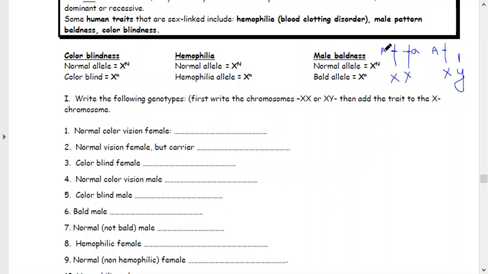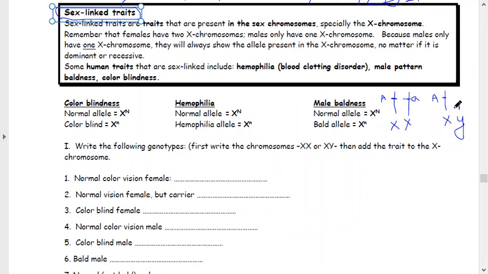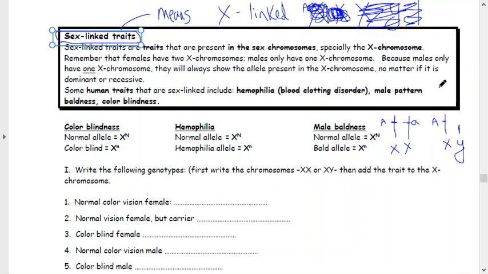So females will have 2 copies of a sex-linked trait. Males only have the 1 copy, and that means that males are affected by sex-linked traits much more often, and we'll talk more about this in class. But that's what sex-linked traits are. They are traits with the genes only on the X chromosome.